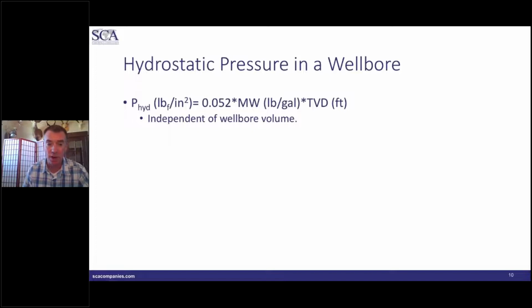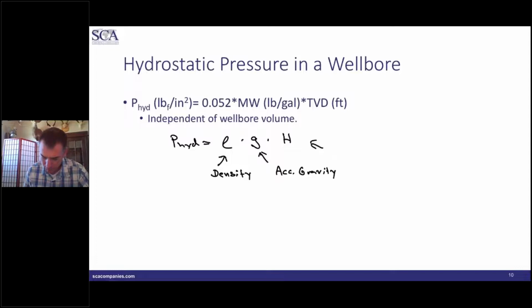What this comes from is simply that P-Hyd is equal to the density of a fluid times gravity times the height, with this being density, this being the acceleration of gravity, and this being our TVD, in which case this is the vertical height. Okay, and this is what that formula comes from.